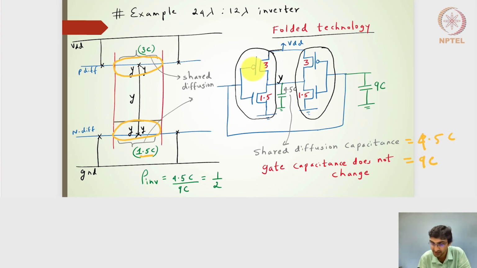Right, because the gate capacitance is nothing but the accumulation of all the capacitance at the gate side, which will be 3, 1.5, 3 here, and 1.5, which turns out to be 9C. All right. So the normalized inverter in this case will be the output capacitance 4.5C divided by the benchmark inverter.